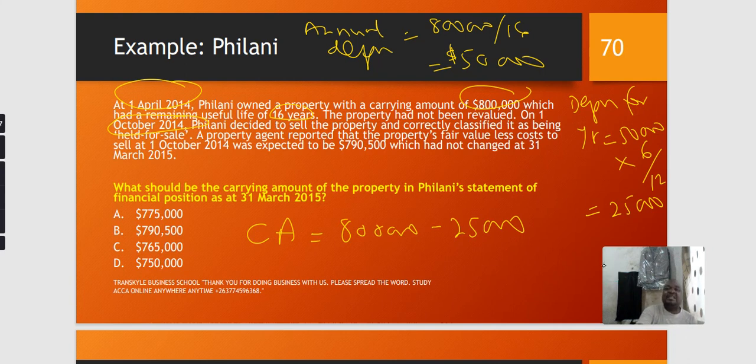Here they gave us the carrying amount which had already been adjusted for the accumulated depreciation. At 800,000 the remaining useful life was 16 years, which means if the asset had been a 40-year asset, the other years have already been catered for and already considered. They gave us the 800,000 as the carrying amount, which had already incorporated the accumulated depreciation.